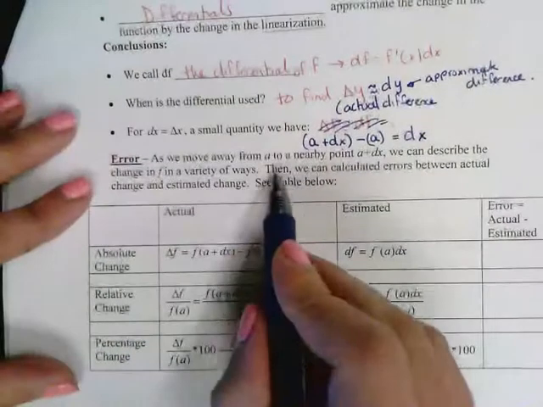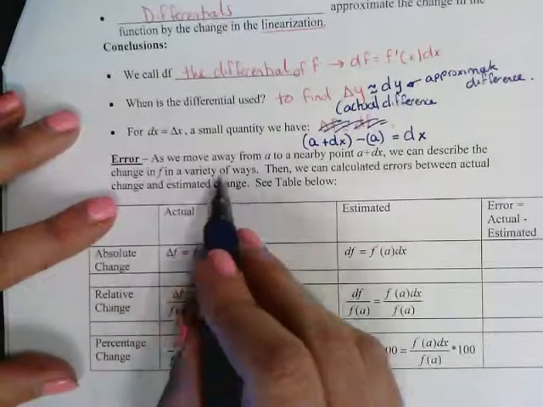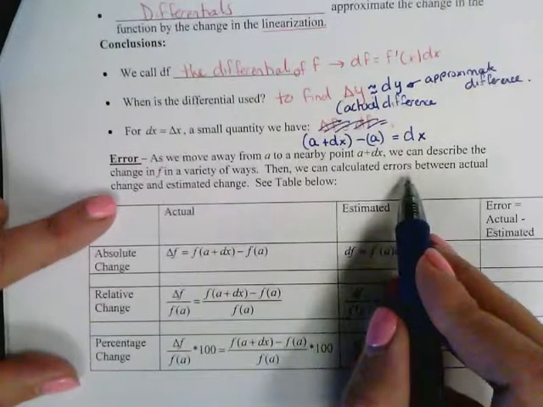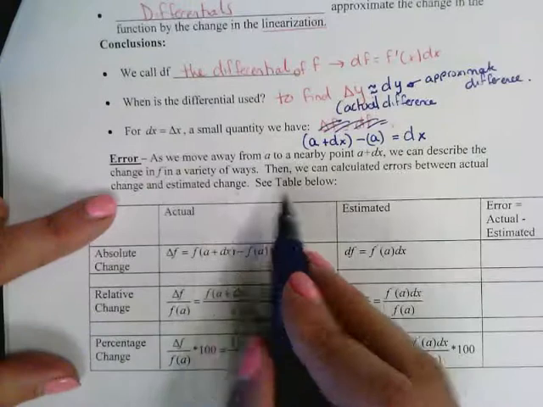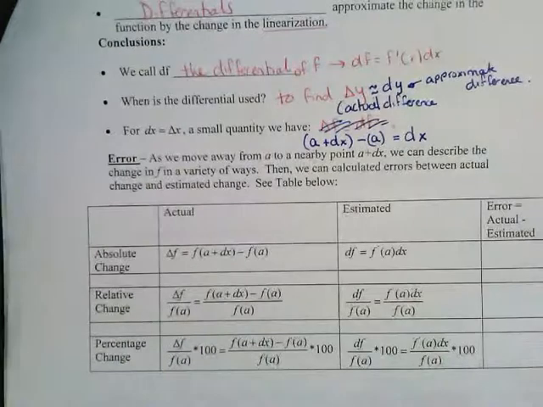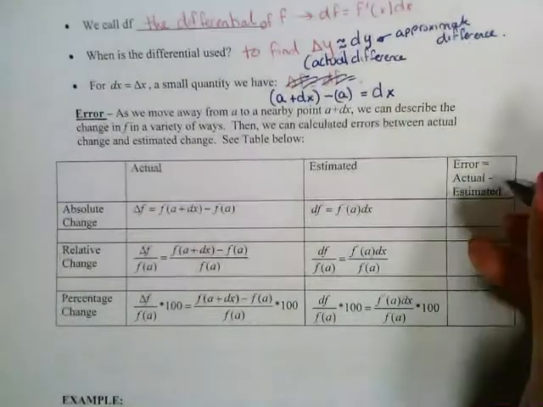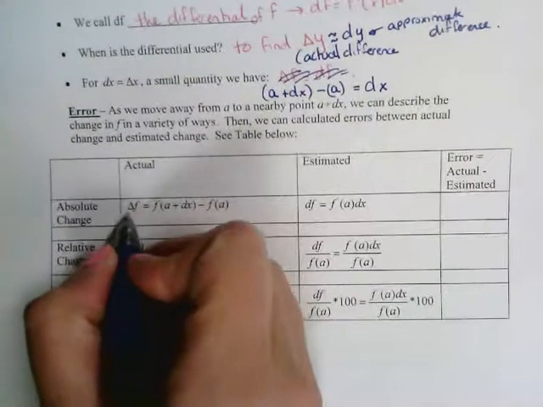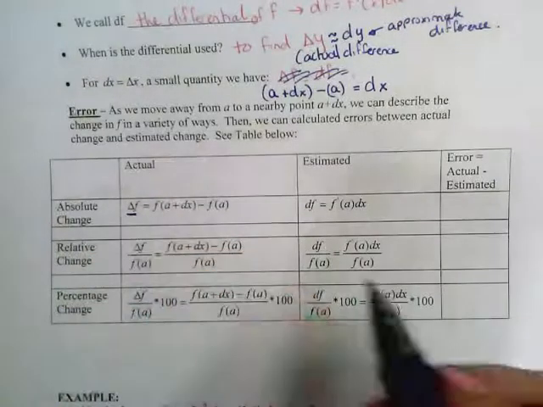As we move away from a to a nearby point, a plus dx, we can describe the change in f in a variety of ways. And then we can calculate the errors between the actual change and the estimated change accordingly. We can figure out what our error is in percentage. So the absolute change, the formula for change in f, is basically change in y.